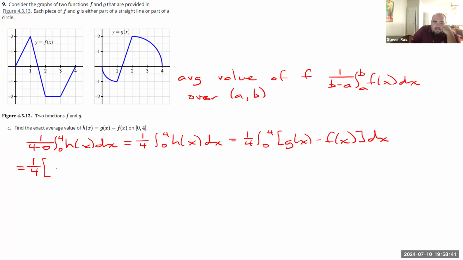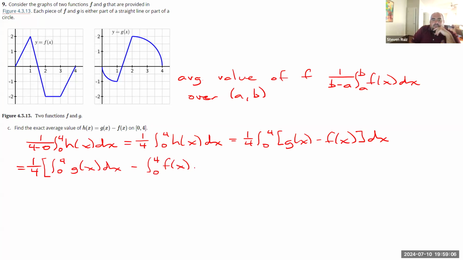So 1/4 times this quantity, the integral from 0 to 4 of g of x dx minus the integral from 0 to 4 of f of x dx.